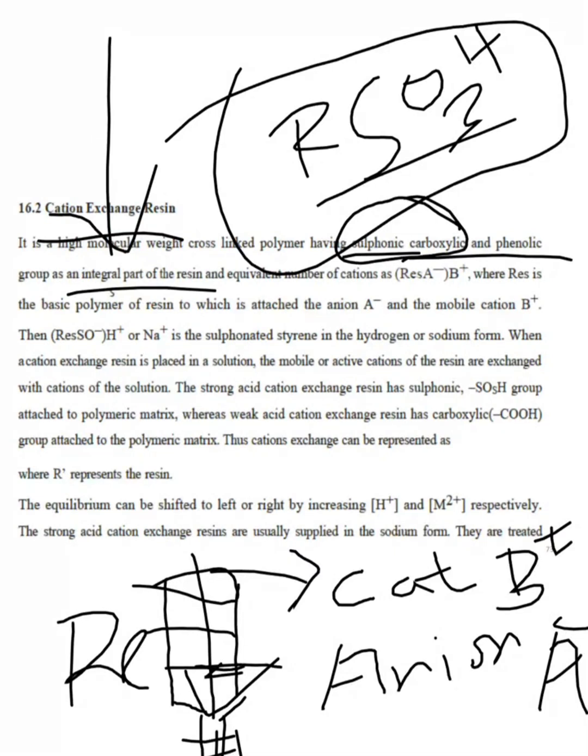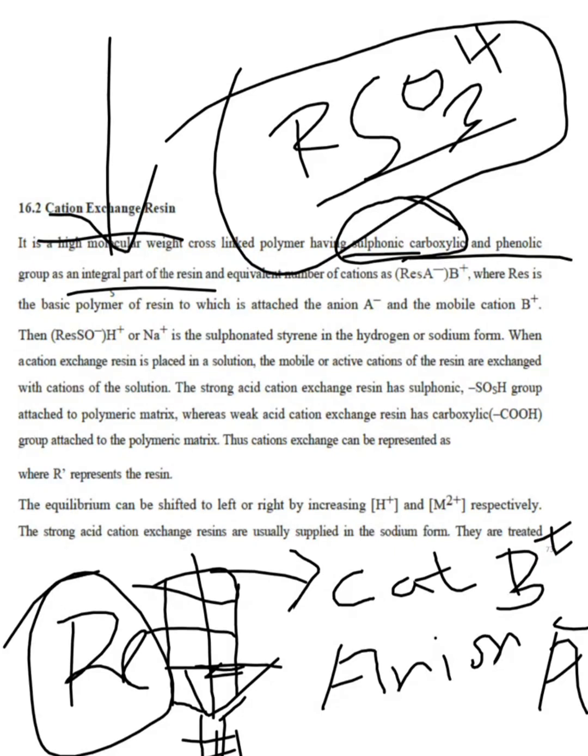That same procedure you are going to follow in ion exchange chromatography. Here in the weak acid cation exchange resin, the carboxylic acid group is attached to the polymer matrix, and as I told earlier, it can be represented by R.